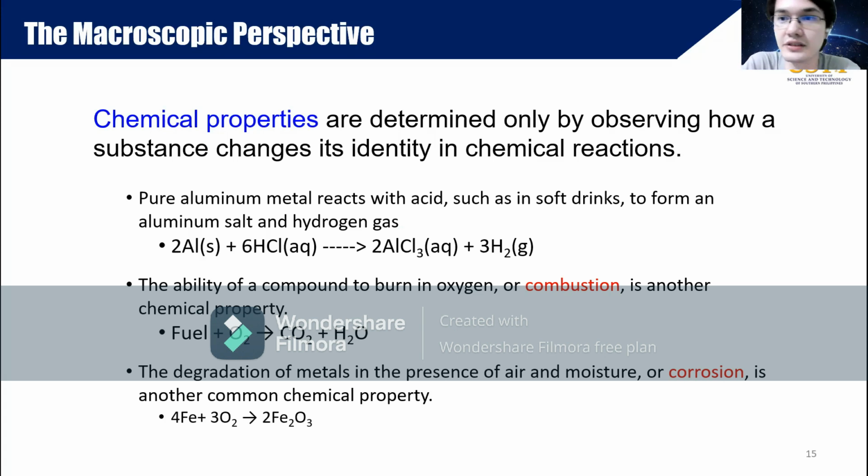Ang second kay ang reactivity sa usa ka material. We have here ang reactivity sa aluminum metal when it reacts with acid. And interaction pod sa iron ug oxygen that makes rusting possible.